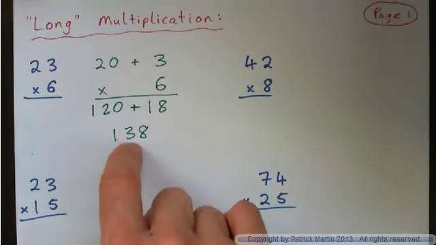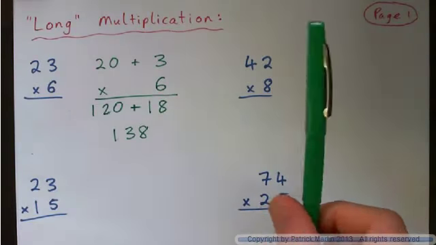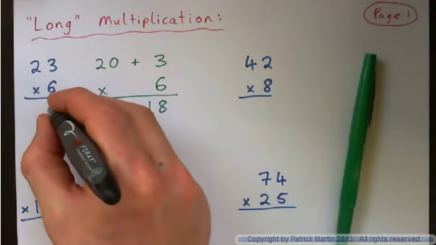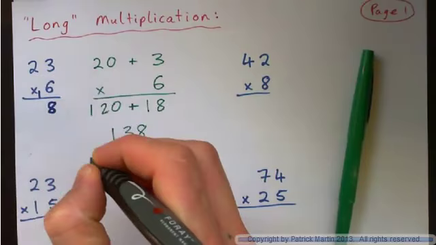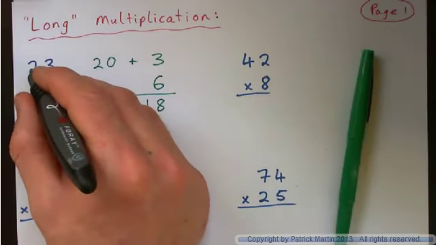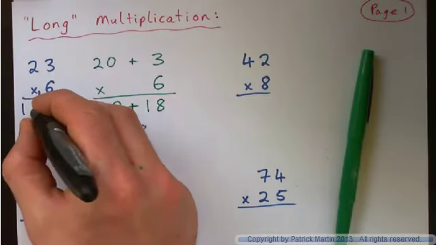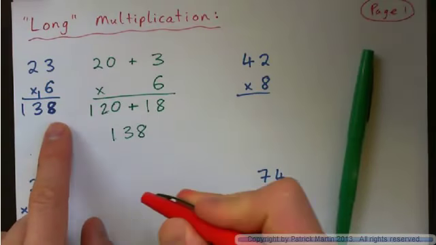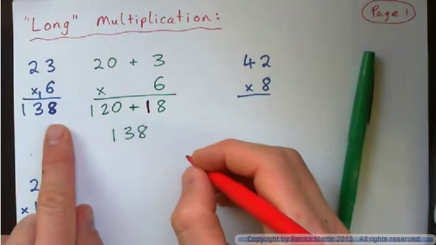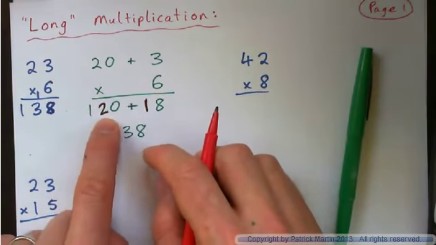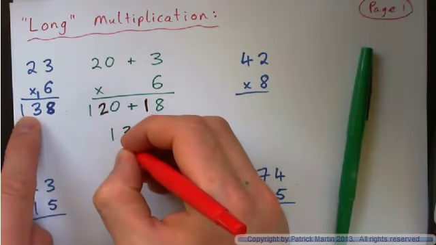So this is what we're really going to be doing when we do long multiplication. You need to really see that. So when I do long multiplication, I go 6 times 3 is 18, put down the 8 and carry the 1. Then I just go 6 times 2 is 12, 12 plus 1 is 13. And I'm done. See? So what I've done is I've added the 1, the 10 from the 18, with the 20 in the 120, and I've got 30, and that's what the 3 is.